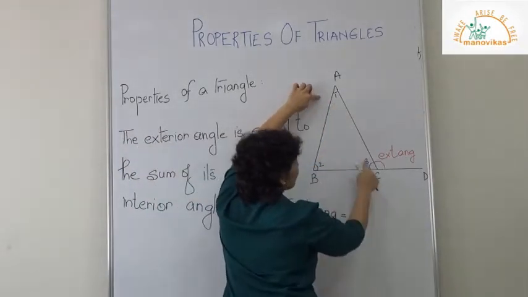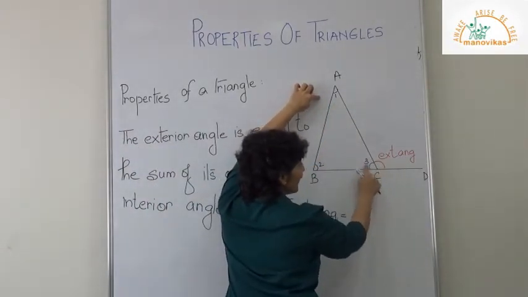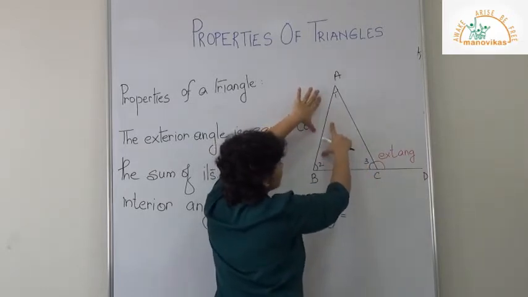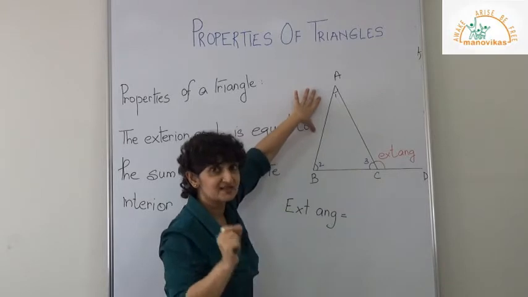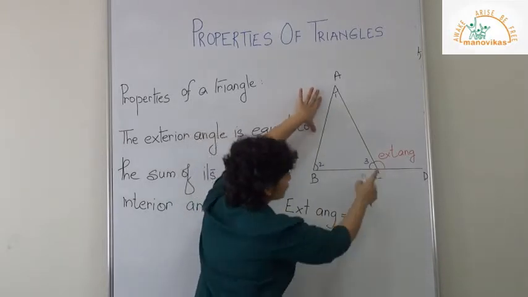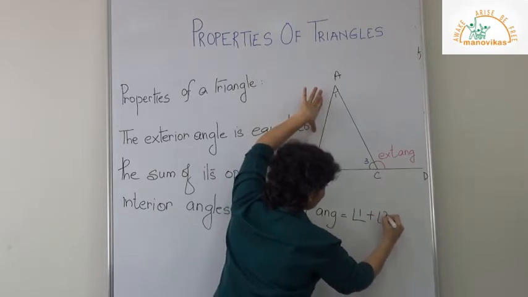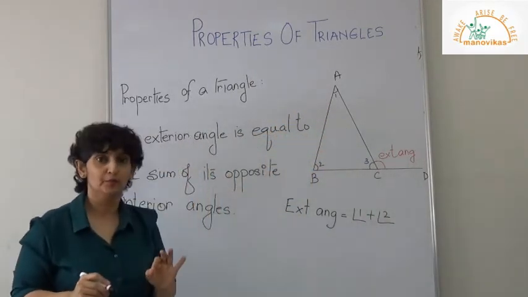Now you know these are inside. Anything next to it becomes the adjacent. So it is these two angles which become the opposite interior angles. So remember, the exterior angle is equal to angle 1 plus angle 2.